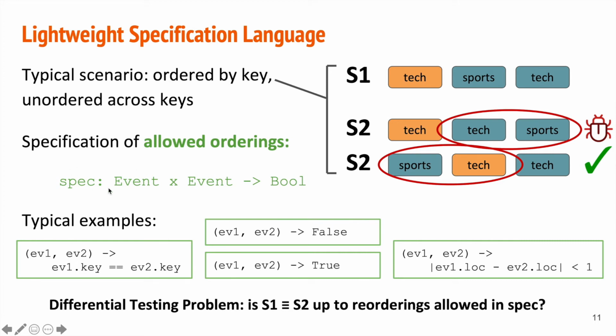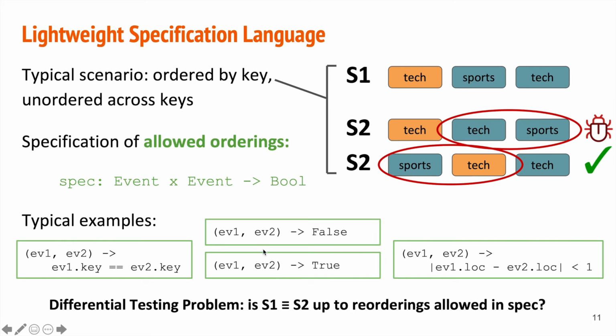The way you specify this set of allowed orderings is that you write a relation between pairs of events. So the specification takes pairs of events and returns a Boolean. Here are some typical examples of that. Events of the same key are ordered. That's the example we just saw. Maybe all events are false. This specification says that all events are unordered.